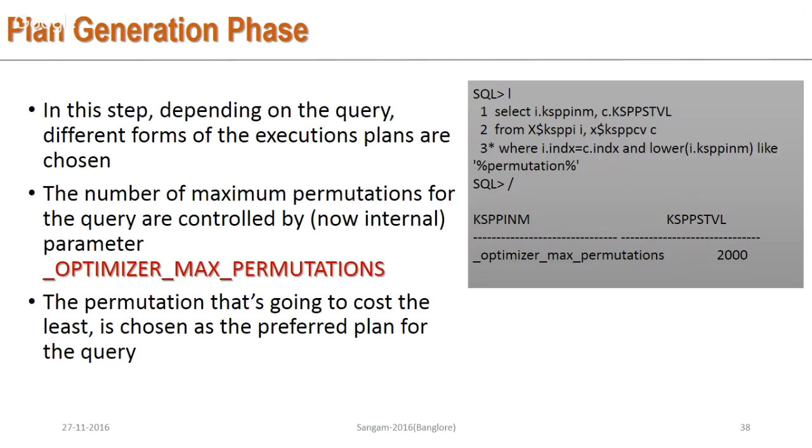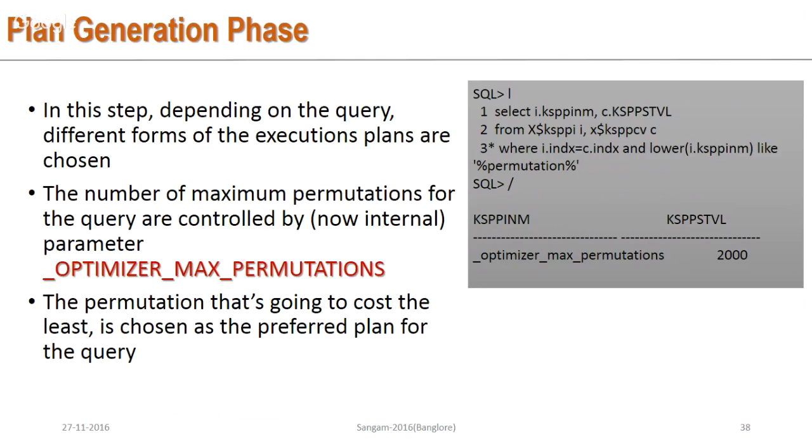On the contrary, if you write a 3-table join clause, there are 6 permutations possible for the same join clause. For example, table 1, 2, 3, or table 2, 3, 1, and so forth. So for the same query, there are 6 permutations possible.